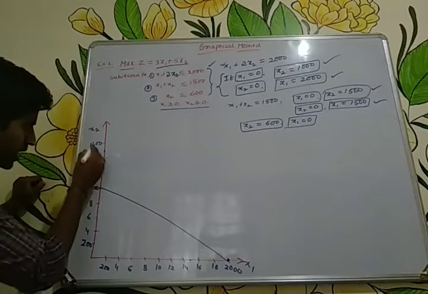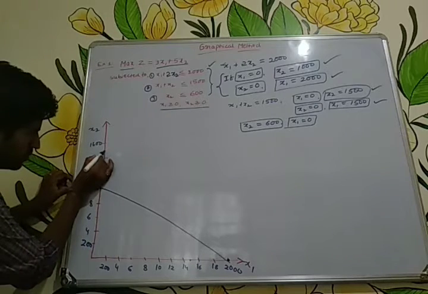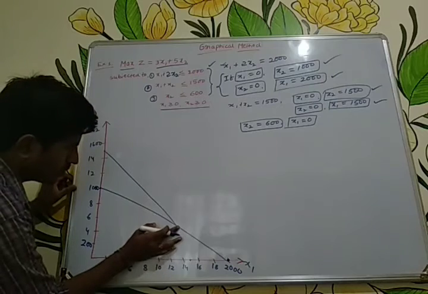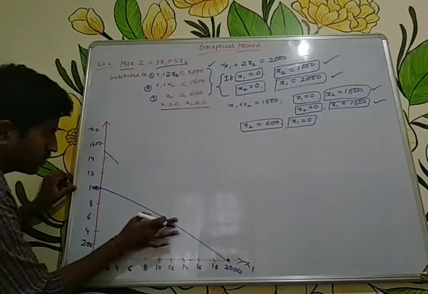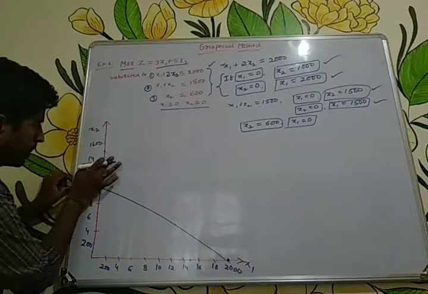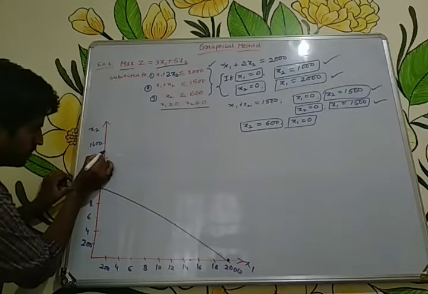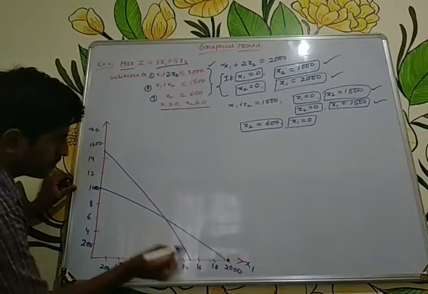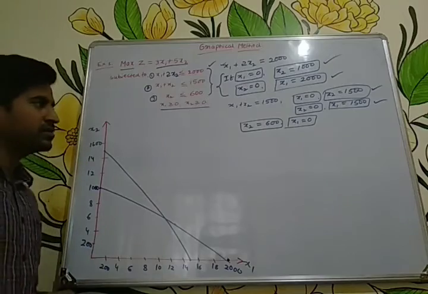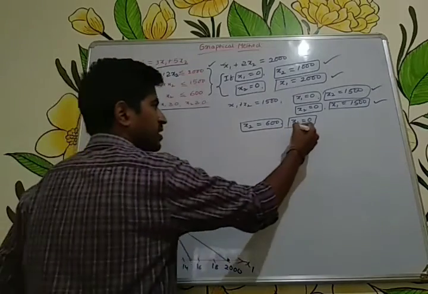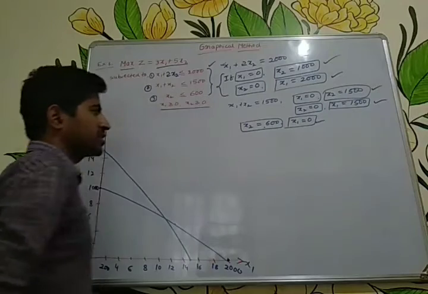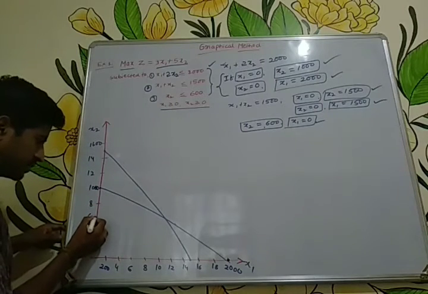Clear? Again, join them with a straight line like this. And the last one is x1 is 0, x2 is 600, which is here.